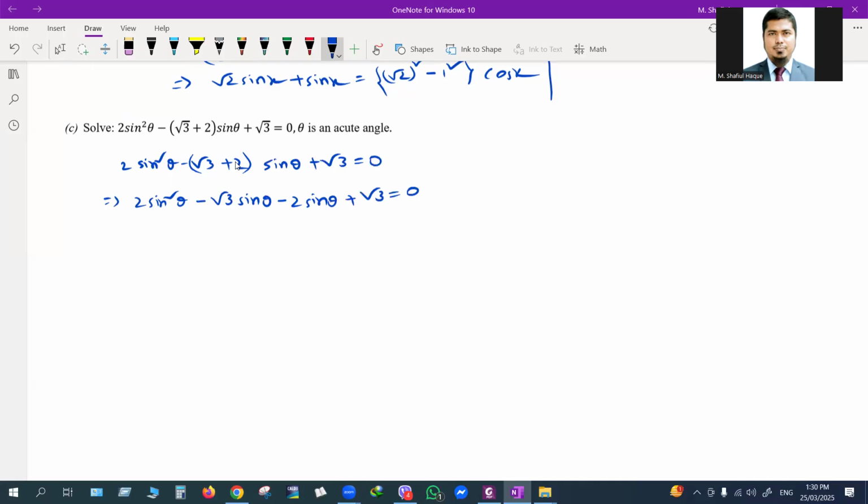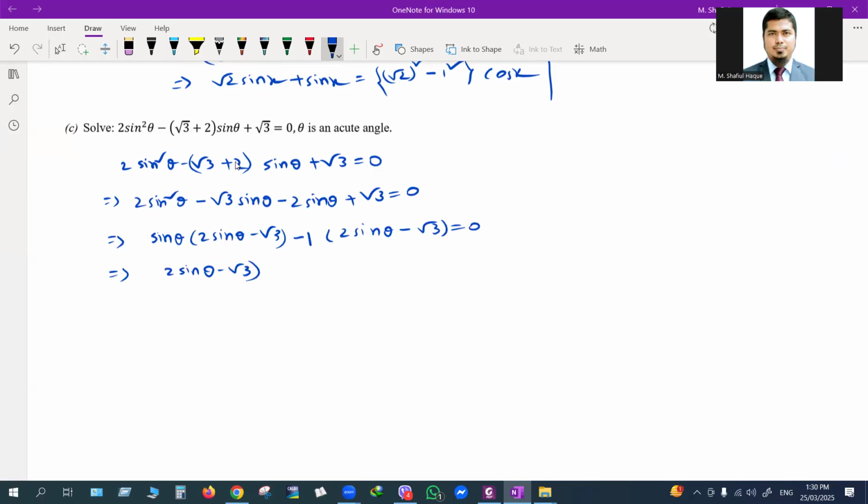So from the first two terms, we can take common sin theta. So 2 sin theta minus root 3. From the last two terms, we can take common minus 1. So 2 sin theta minus root 3. So 2 sin theta minus root 3 is common in both the terms.